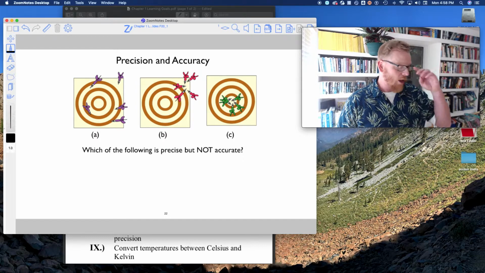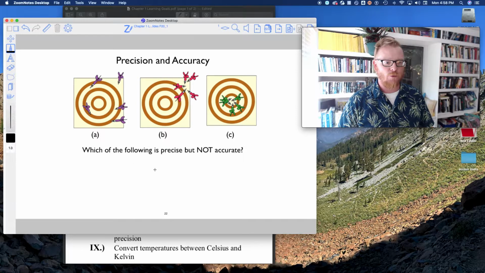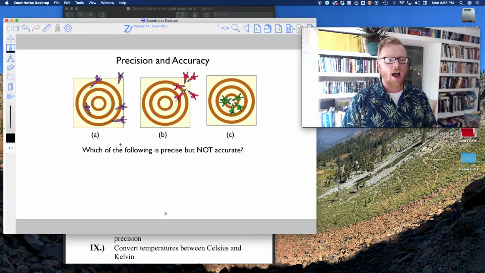Okay. Well, we can talk about all of that for all of them. So A, you can see maybe this looks like how I would play darts after a couple of beers. So A is not accurate at all because we didn't hit the bullseye.